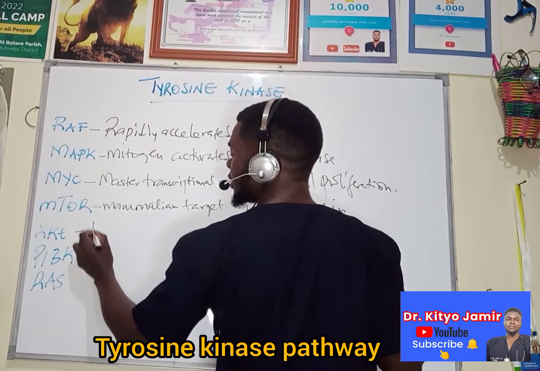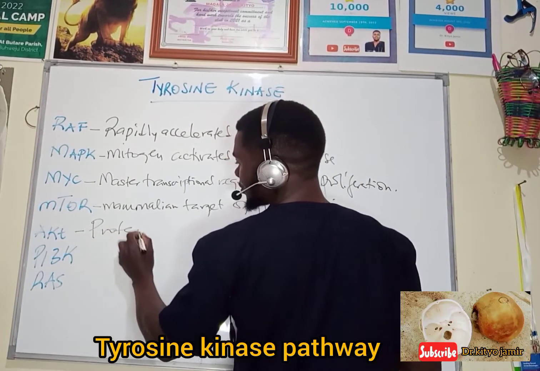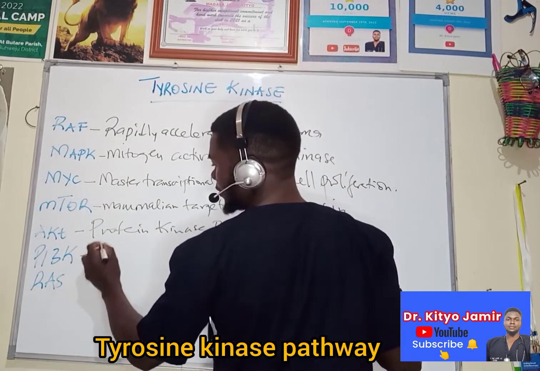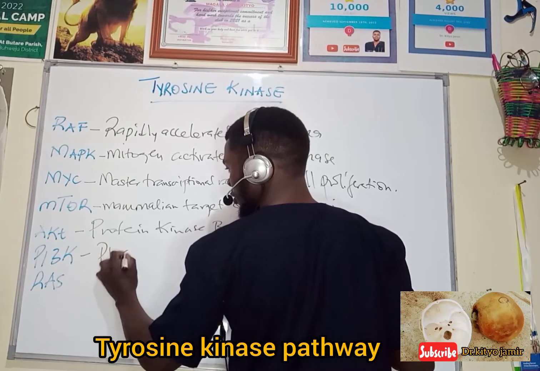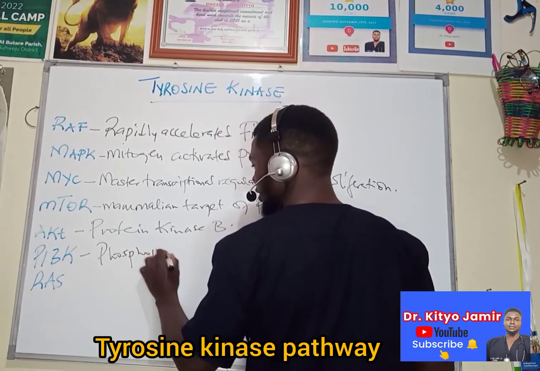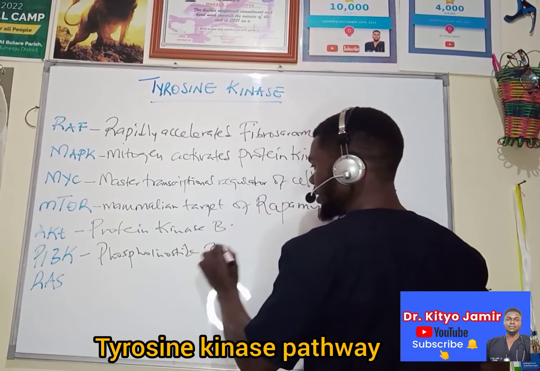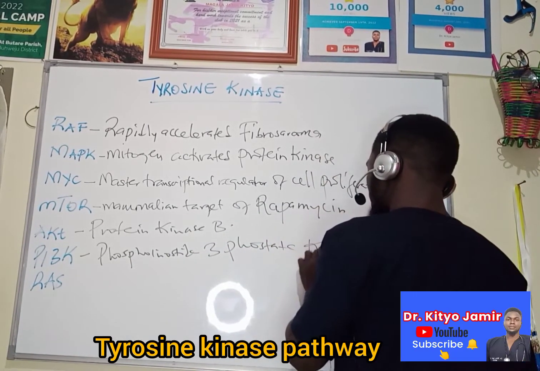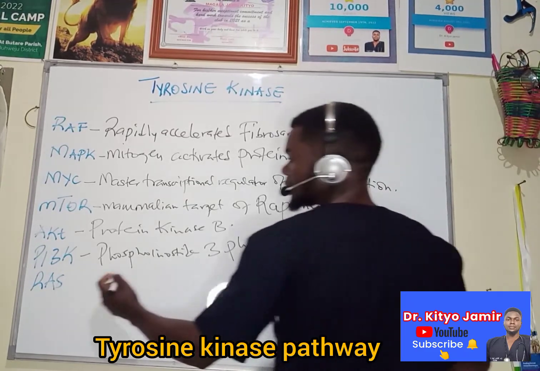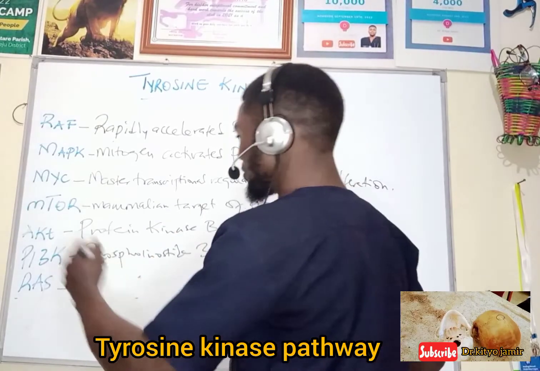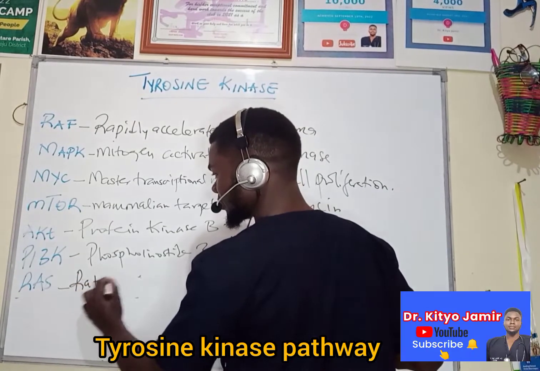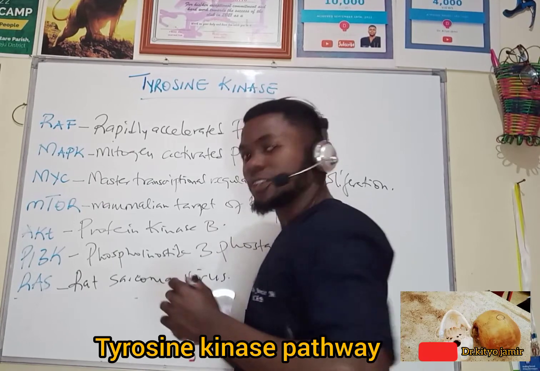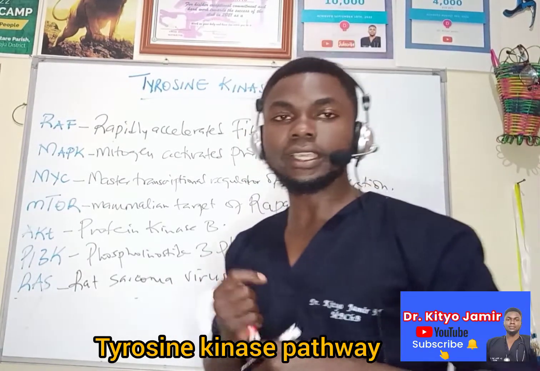Then AKT is protein kinase B. Then PI3K is phosphoinositide 3-phosphate kinase. Then RAS is what we call the rat sarcoma virus. So these are some of the proteins we are going to be finding in this pathway.